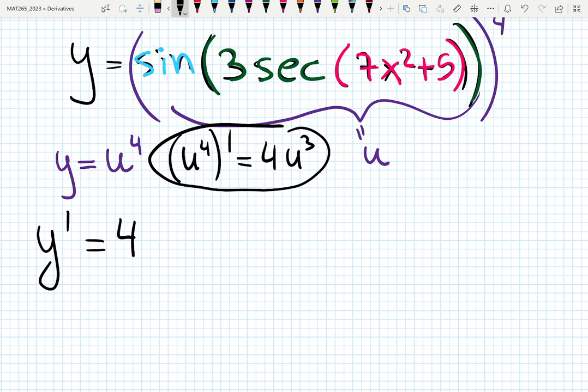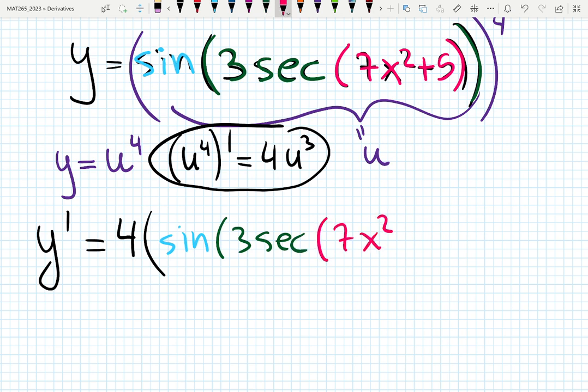So I know u to the 4: the 4 goes down, the function to the third. But what is my u? Whatever is in purple. So I need to copy the whole thing, and I will put it: sine, 3 secant, 7x squared plus 5. We're doing chain rule for those who are late.